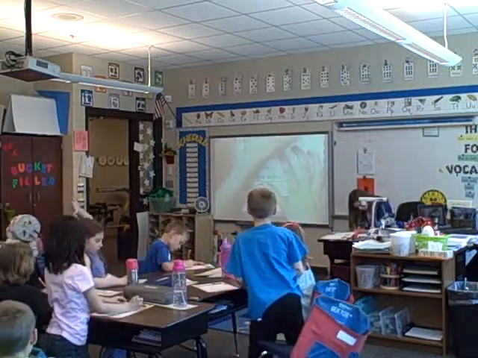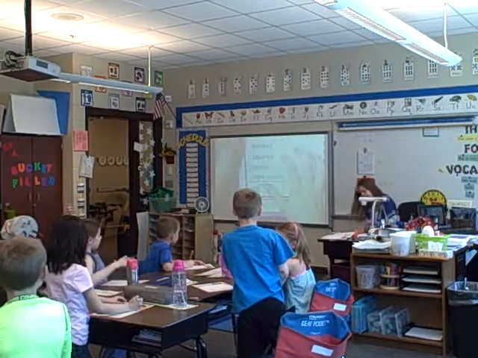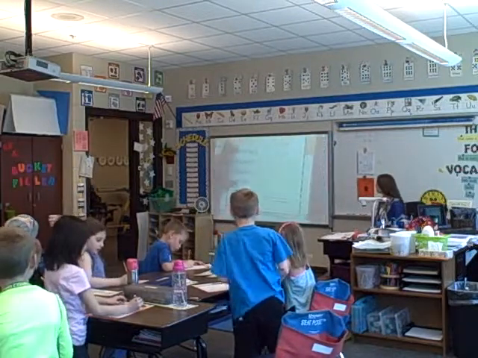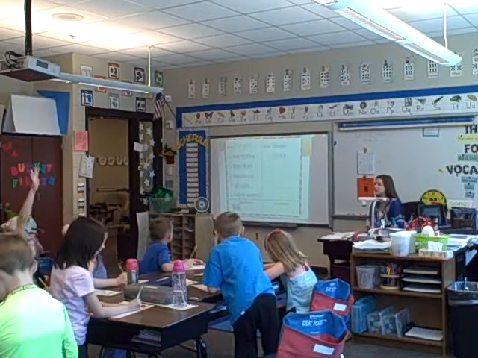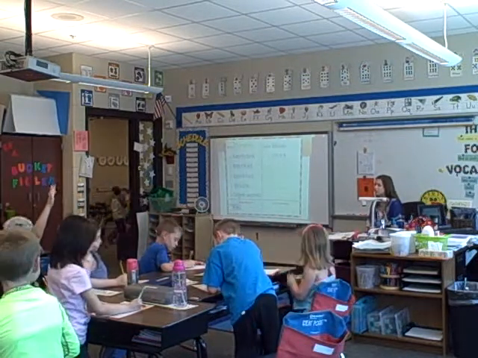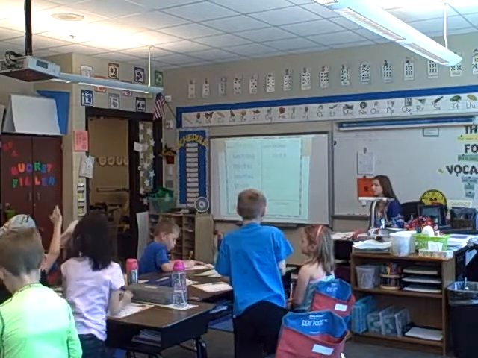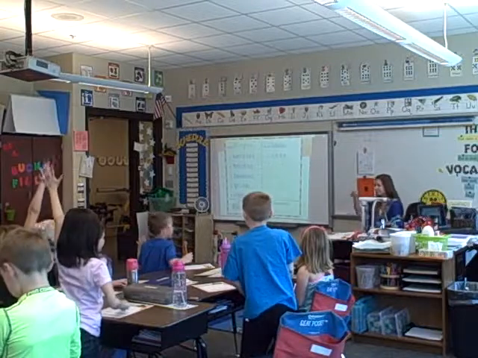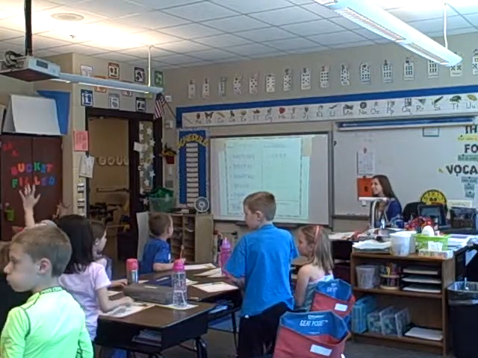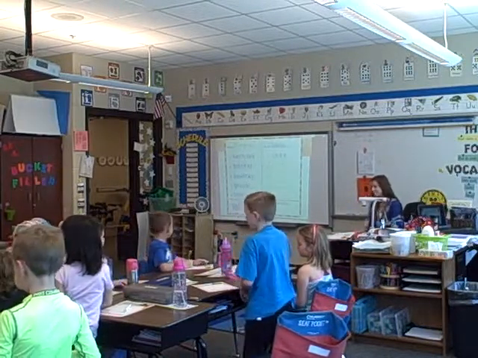Oh, I'm sorry, we can't see. Okay, so our new color is blue, and the first object is my shirt. What else is blue? Okay, let's think of a different object other than a shirt. Something else. Yeah, right here.